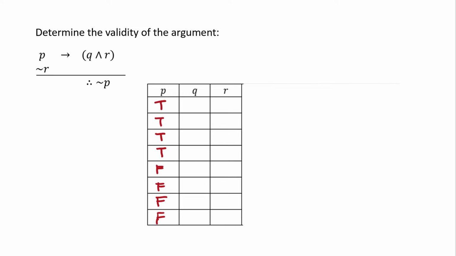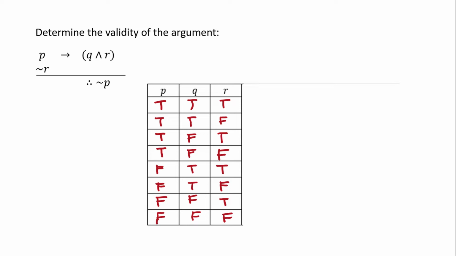And then for Q, I'll do 2 by 2, so true, true, false, false, true, true, false, false. Now let's assign truth values for R, and we will alternate. So true, false, true, false, true, false, true, false. Notice we have 8 different possibilities.